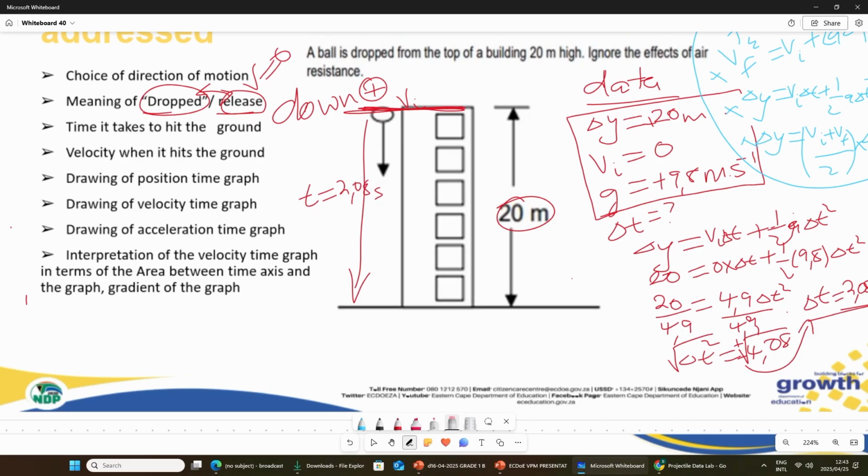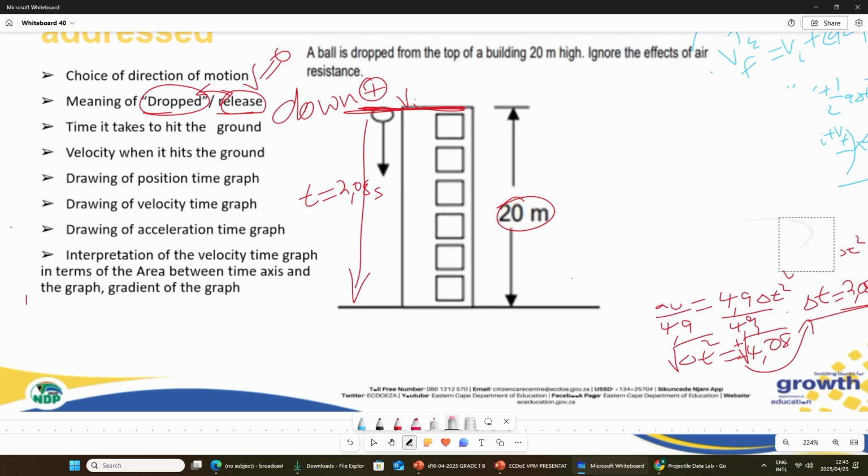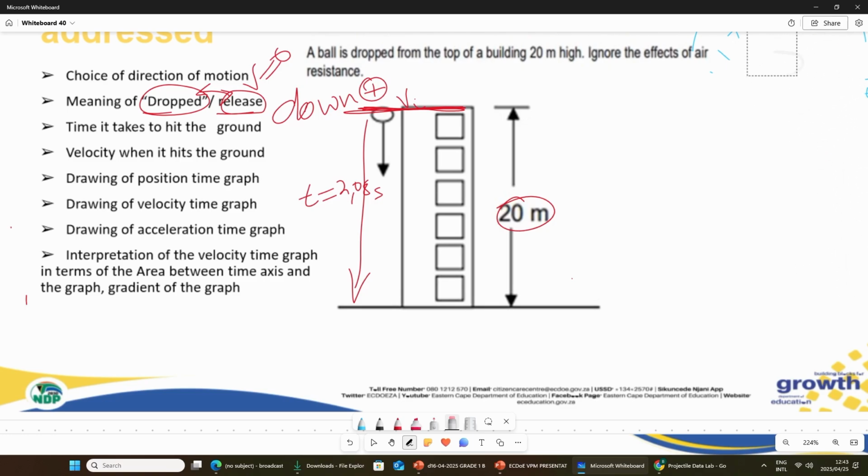Now let's go to another concept. The concept is saying we must calculate the velocity when the ball hits the ground. We must also create our data. On our data, we first had 3 variables, and now that we've calculated the time, we're going to have 4. We have the initial velocity, which is 0.